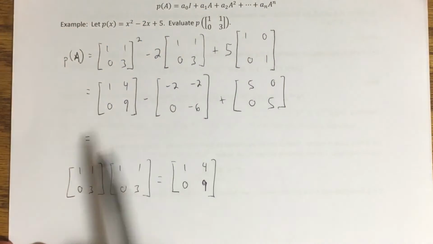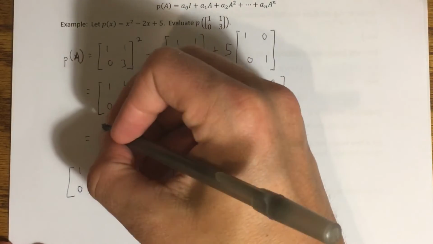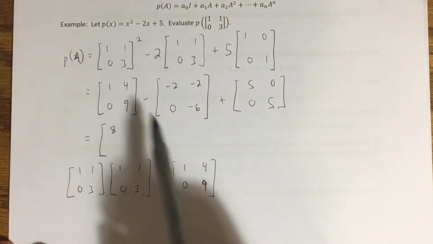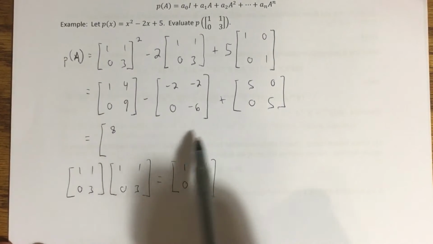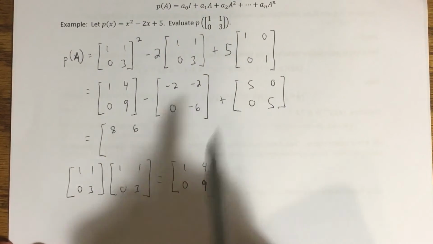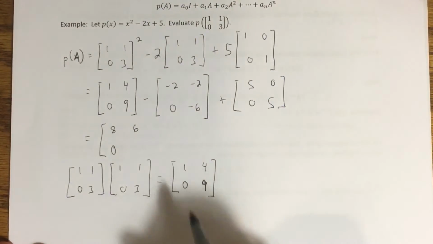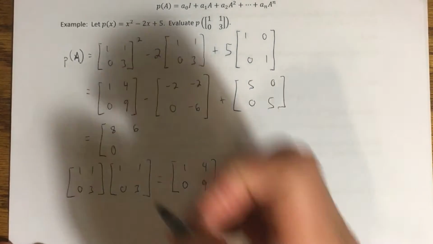I just do the addition and subtraction. So 1 minus -2 is 3, plus 5, that would be 8. 4 minus -2 is 6, plus 0 is still 6. 0 minus 0 plus 0, that's all 0. And then finally, 9 minus -6 would be 15, plus 5, that's 20.